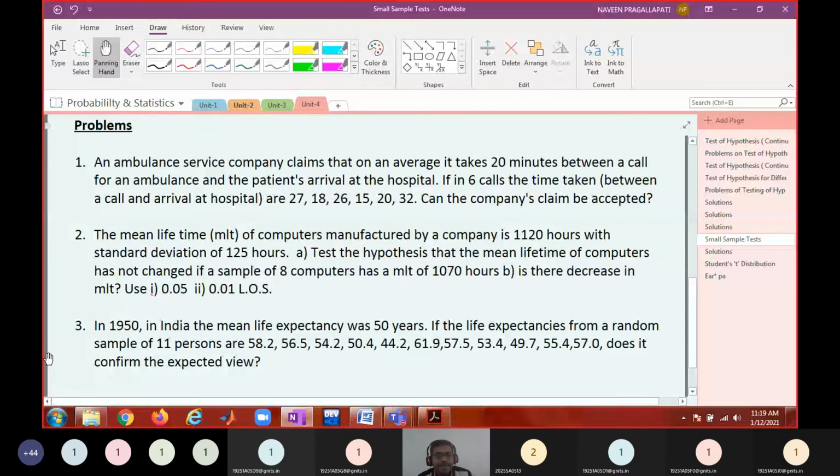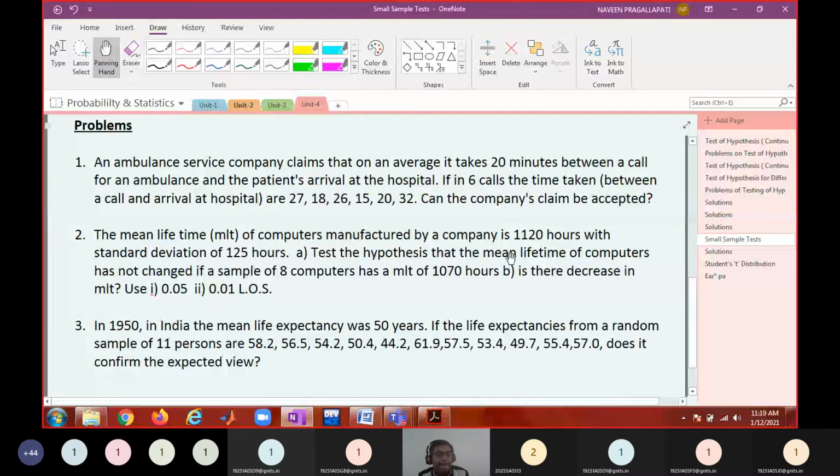Is that clear? Yes, sir. So here the sample standard deviation is not given, and because the population standard deviation is given, you take that as the sample standard deviation. Because the sample standard deviation is not there, you approximate it with the population standard deviation. You take this value as it is.